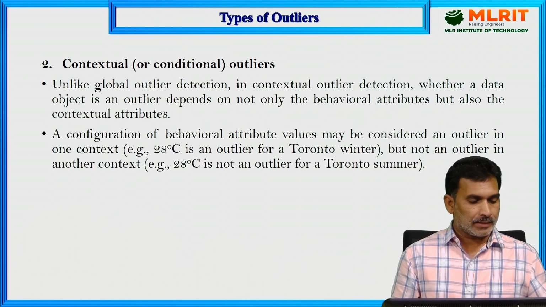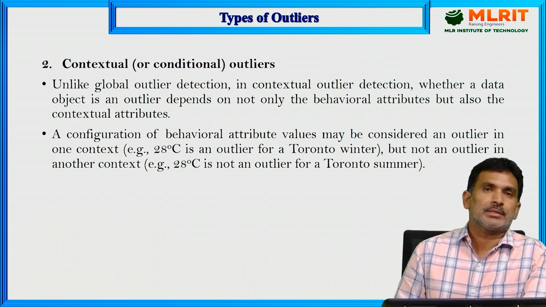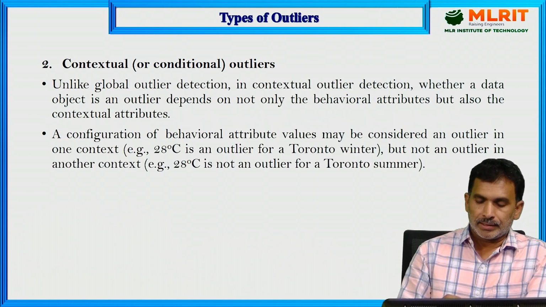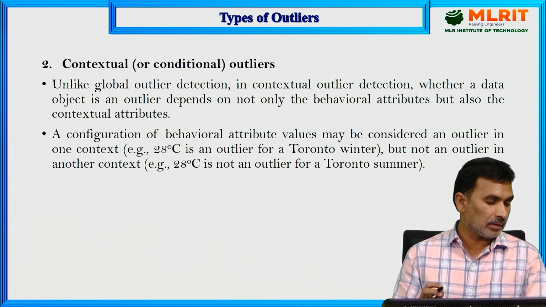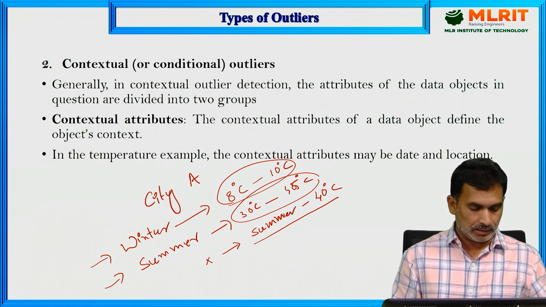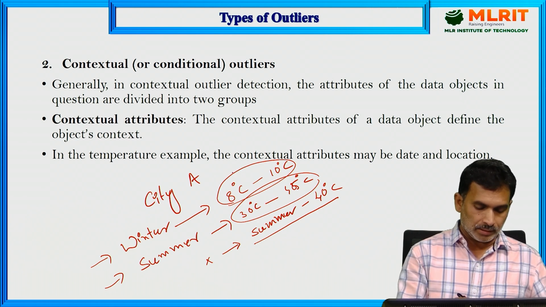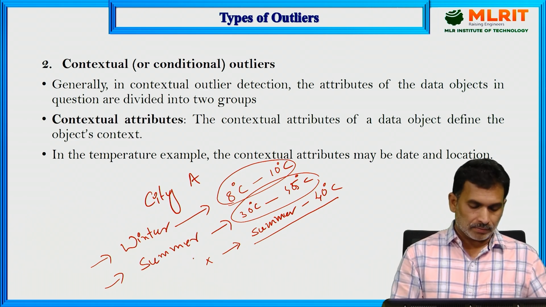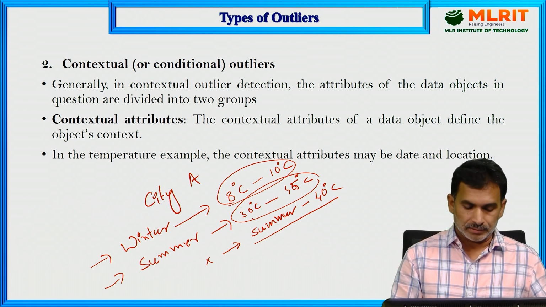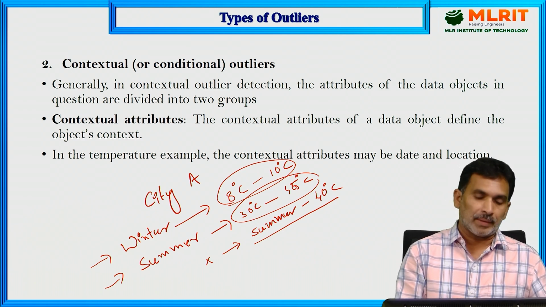Unlike global outlier detection, in contextual outlier detection whether a data object is an outlier depends on the context. In winter the temperatures are like 8 to 10 degrees, whereas in summer they would be 30 to 45 degrees Celsius. So it depends on the context.